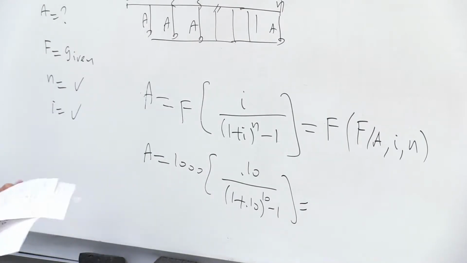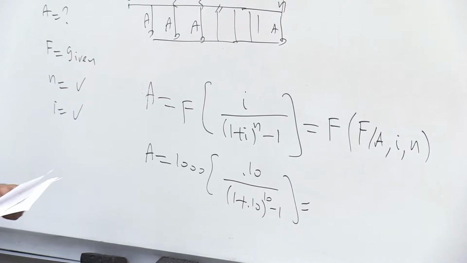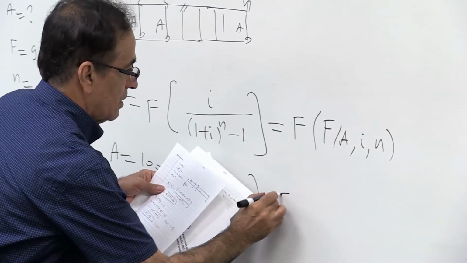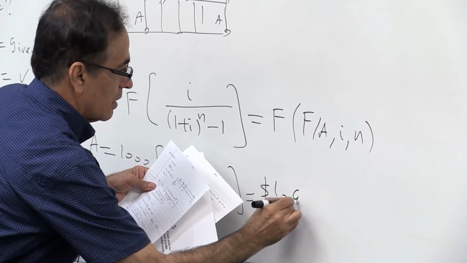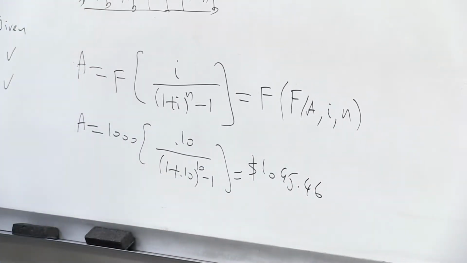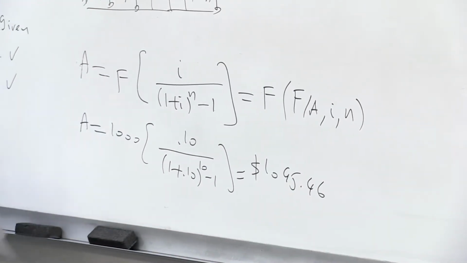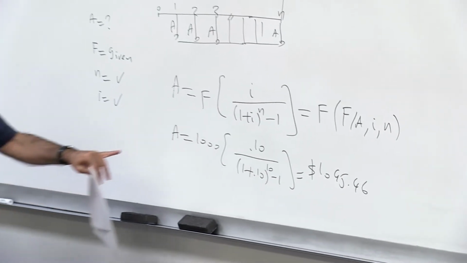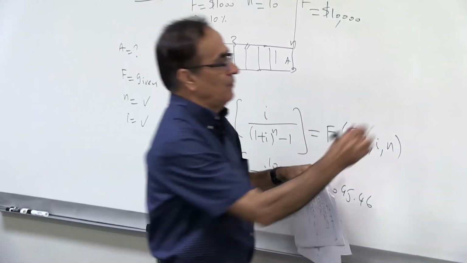If you do this calculation, the A value is going to be $1,095.46. So this is if you are using the actual equation. The easier way to do it is just using the table.